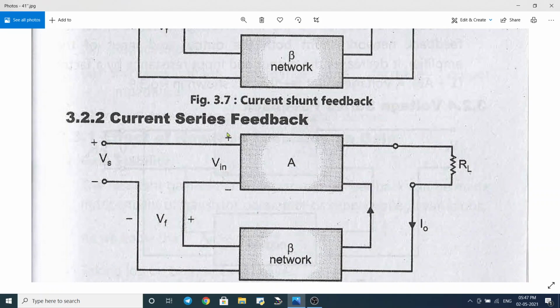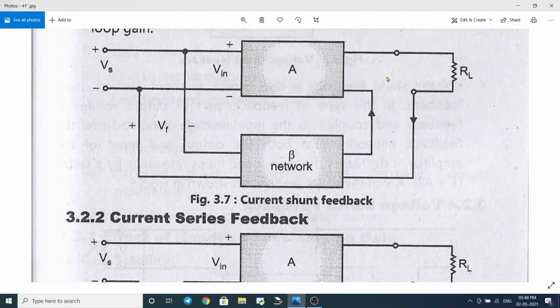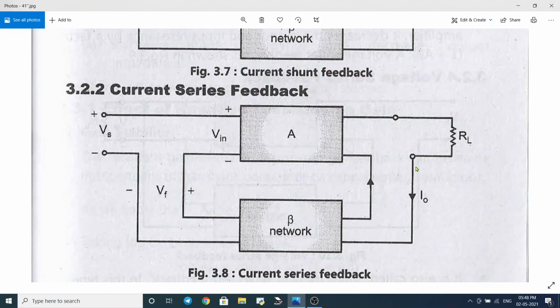Now this is the current series feedback. From the type of sampling, it is a current feedback, and from the type of mixing or injection, it is a series feedback. Current feedback means same as above. In sampling, the feedback network and load resistor are in series.